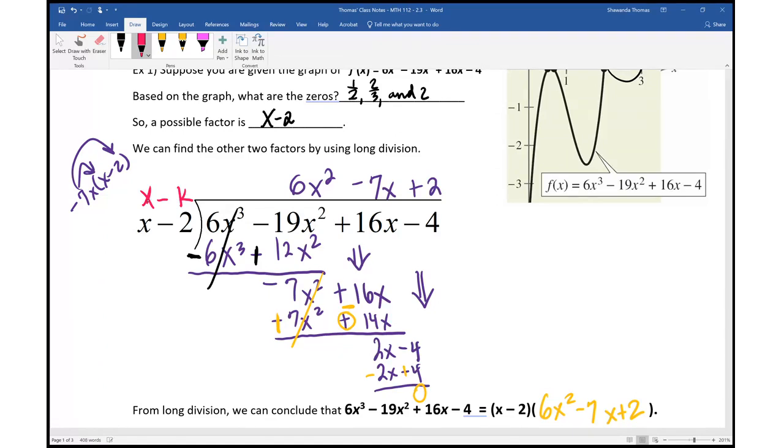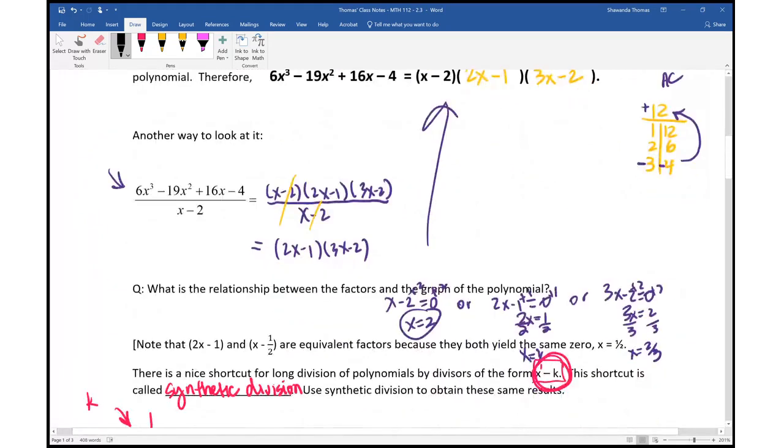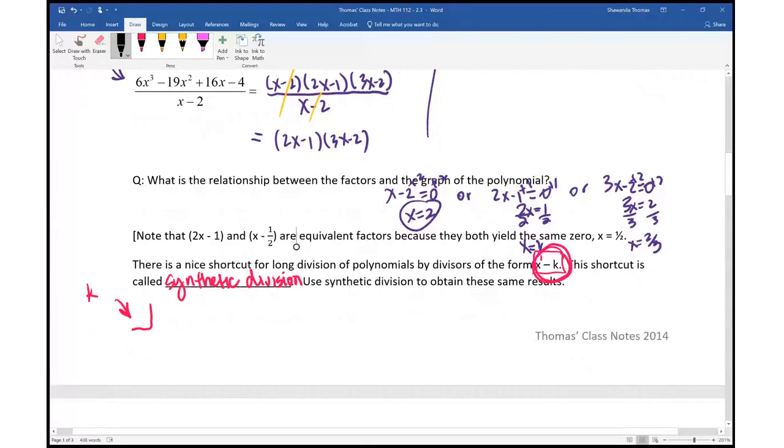So if I put x minus k here, what is the k really? Well, the k is the 2, right? If it's x minus k, there's already a minus there, so the k is just a 2. Another way I say it is, it's the opposite of what you see. So you see a negative 2 here, but k is the opposite of that, so it will be positive 2 here.